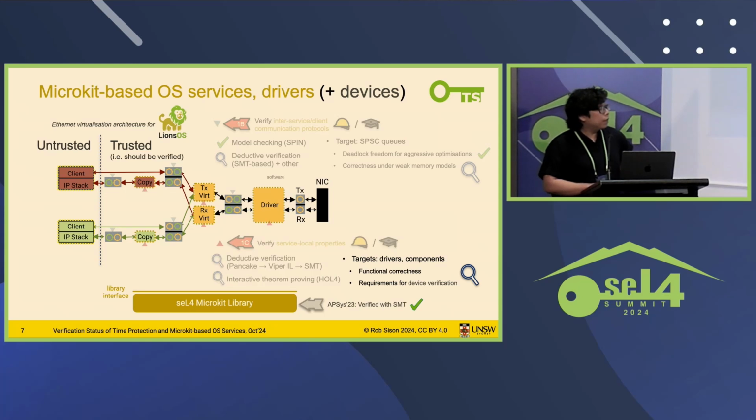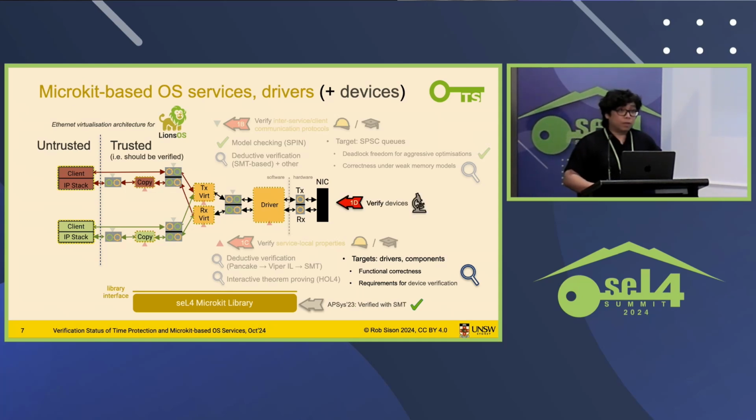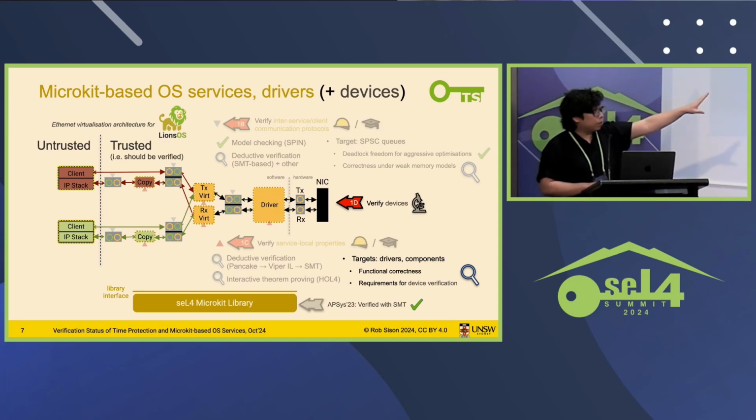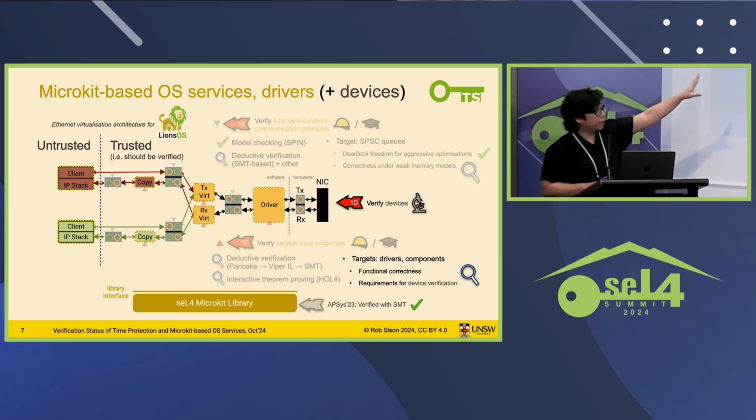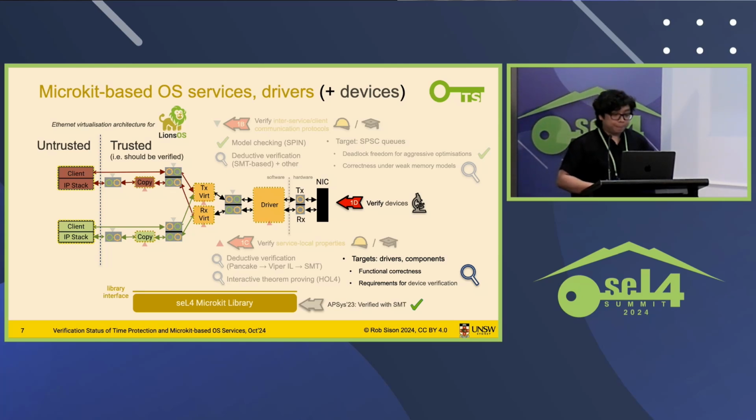And we hope this will feed into another project that hasn't quite started yet, but is lined up, on hardware verification of the devices themselves. Hopefully our software side formal methods work for the drivers will help inform the interface that the hardware verification projects might target.